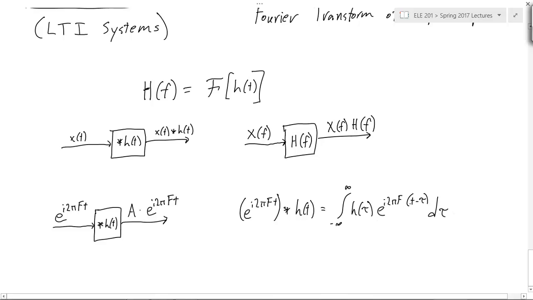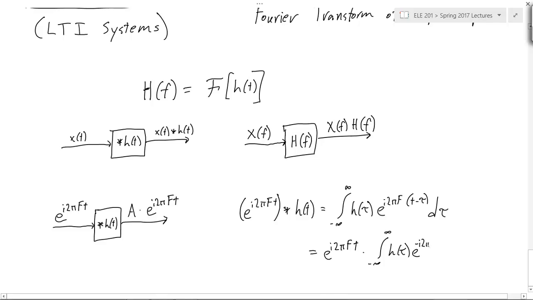This is an exponential function, so I can split that into two different terms. I'm integrating with respect to tau, so I can take the part with t out. So that equals e to the i 2 pi F t times this integral.